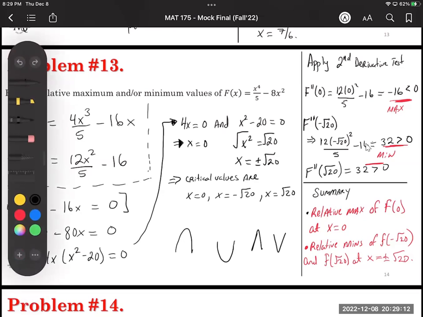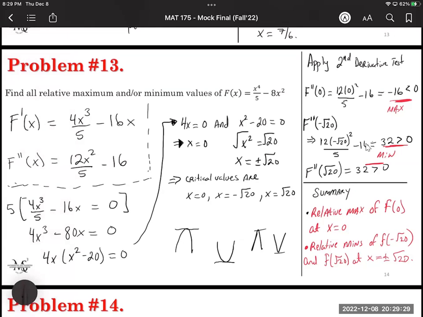These are all considered to be where you have critical values, where it's relative max and mins. But absolute max and mins can possibly occur at endpoints.